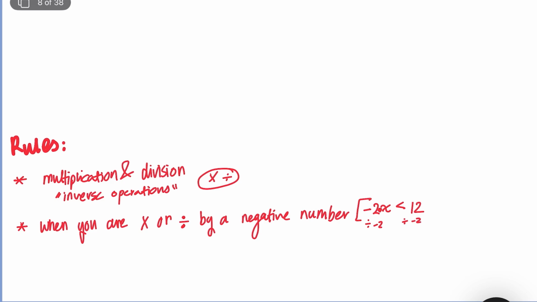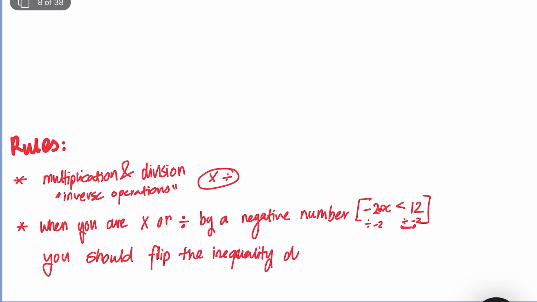Once you see yourself dividing by a negative number or maybe multiplying by a negative number, then you should flip the inequality direction.